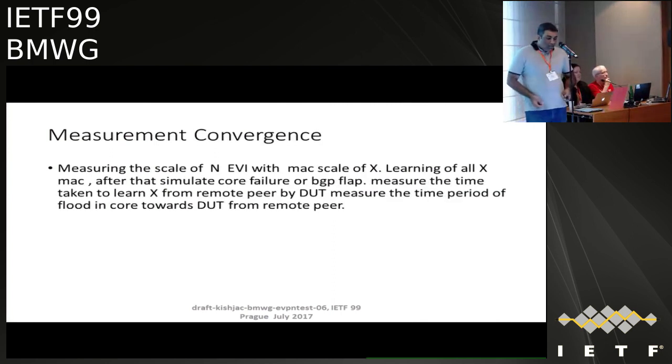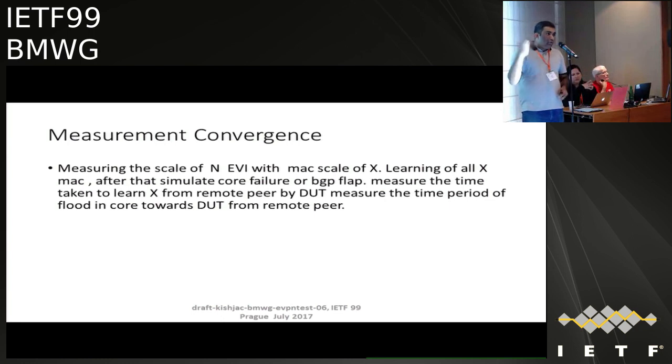So this is the convergence, because of the BGP updates which are going on. And this is the convergence wherein we scale to N EVPN instances as well as the MACs. So we measure the flood, because the main benefit of EVPN is that the flood towards the core is reduced, minimized, unlike in data plane learning of VPLS.